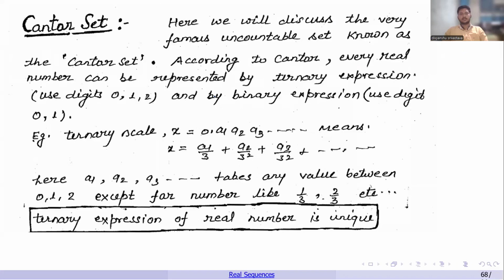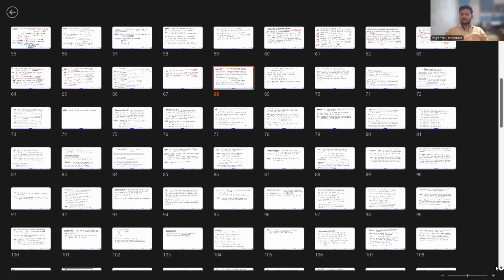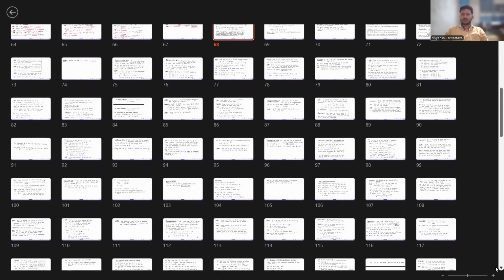In the Cantor set, we discuss something new. I think my pen is not clearly visible. So here we will discuss a very famous uncountable set known as the Cantor set. Okay, so how do you get this? Now I'm going to explain this. What is the Cantor set?